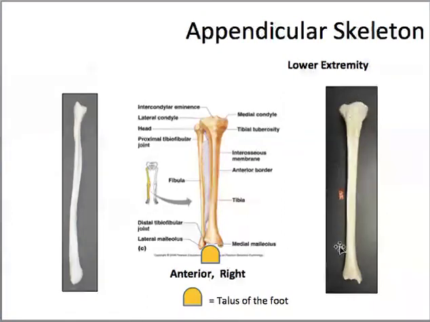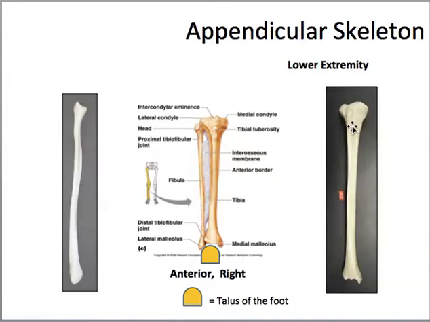Your tibia, this bone here, is the medial strut of your lower leg, while the fibula is the lateral strut of your lower leg. The fibula bears no body weight. It simply is a lateral stabilizer, while the tibia bears the entire weight of the body and articulates distally with a bone called the talus, and this forms the ankle joint.